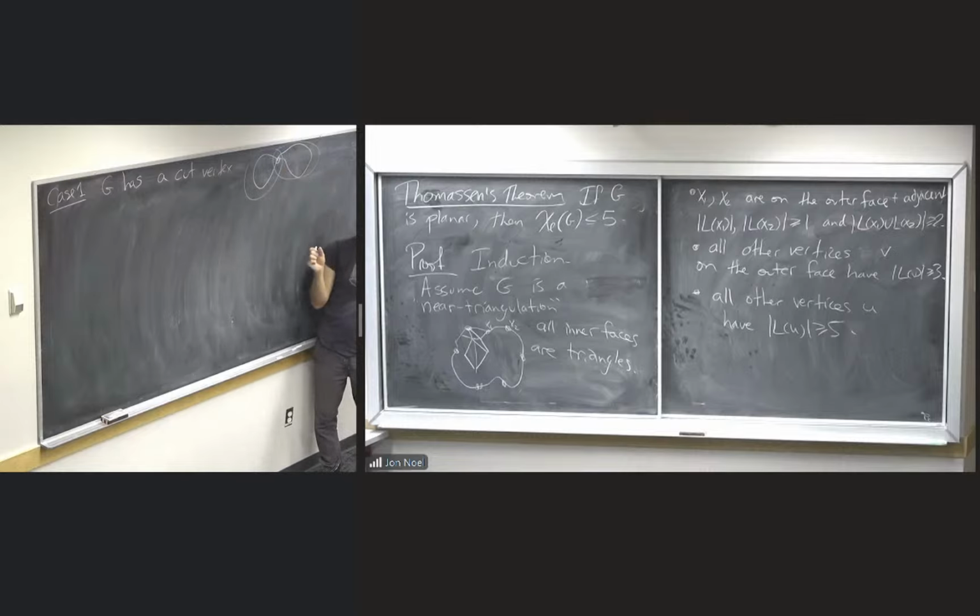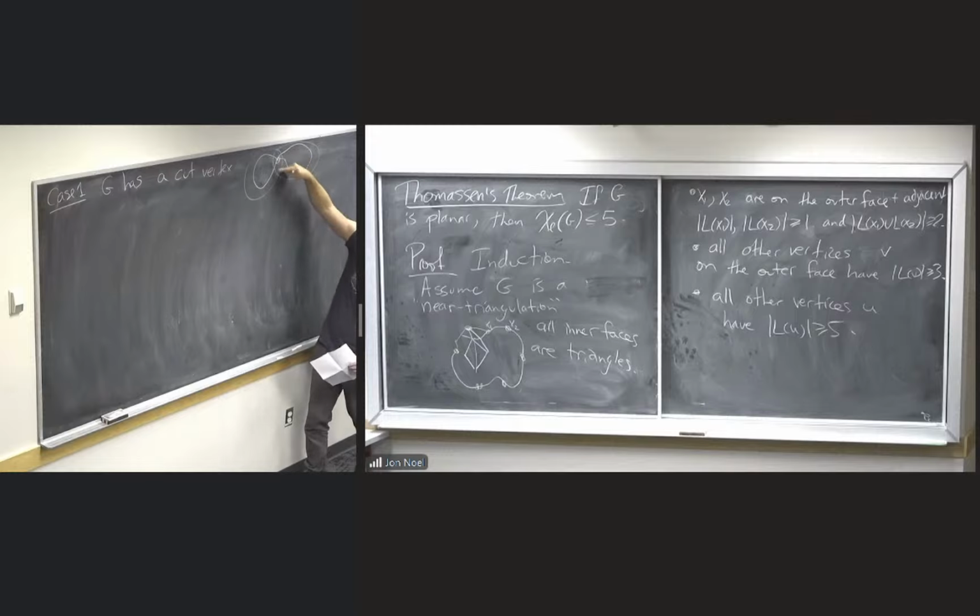I have to be careful. One of these halves might have x1 and x2. Pick the side that has them and color it by induction, which then tells me the color of the cut vertex.